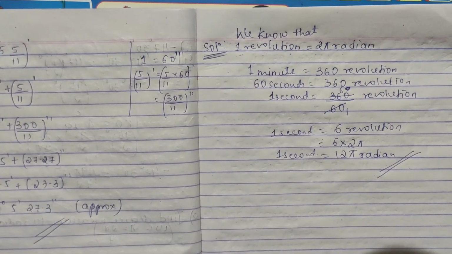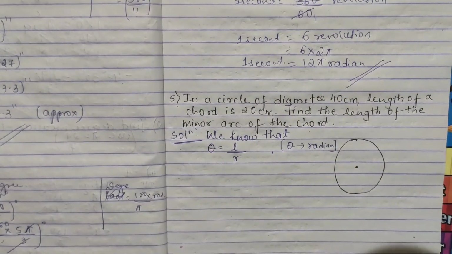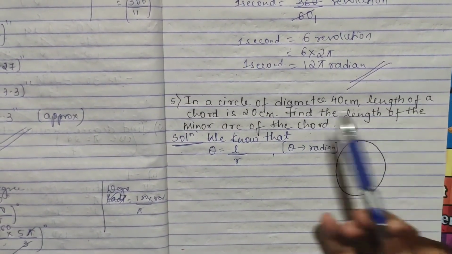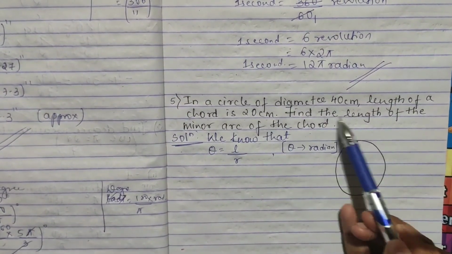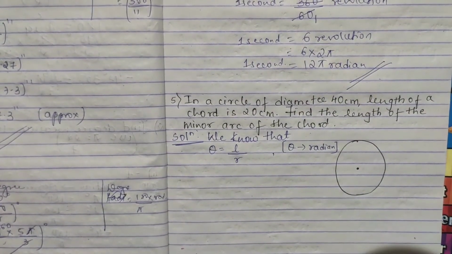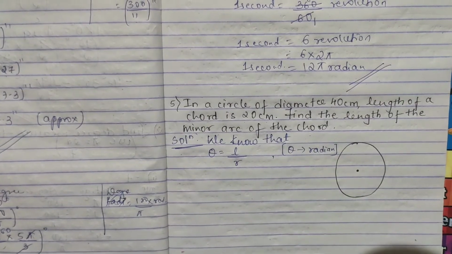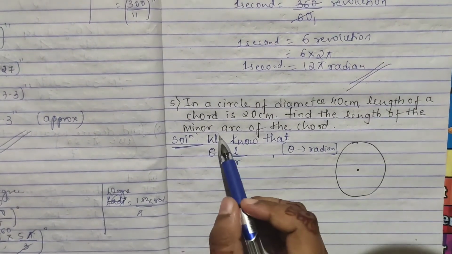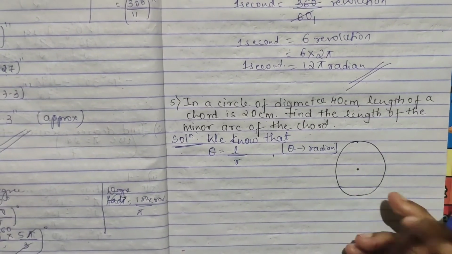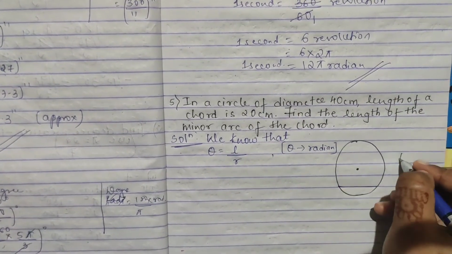Okay, next question, fifth one. In a circle of diameter 40 centimeter, the length of a chord is 20 centimeter. Find the length of the minor arc of the chord. They have given the diameter, which means the whole part. Diameter is equal to how much?